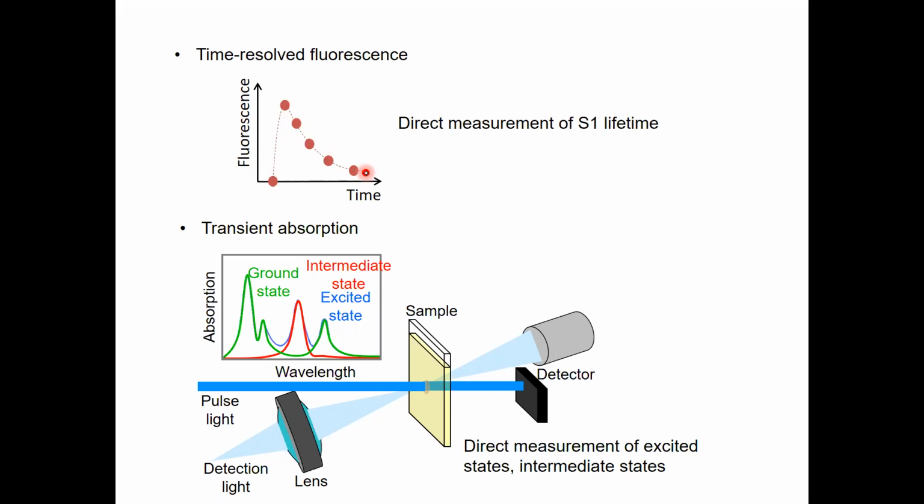And another method is called a transient absorption measurement, meaning that absorption is monitored for monitoring a chemical reaction, for example, ground state absorption and excited state absorption, and you could see the difference. And there could be some intermediate state absorption. So depending on the absorption change, you could directly see the response of the different chemical species.